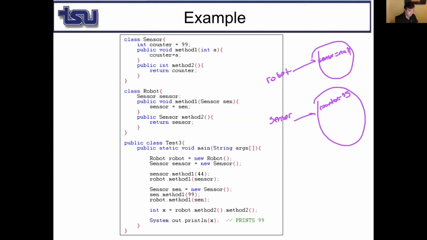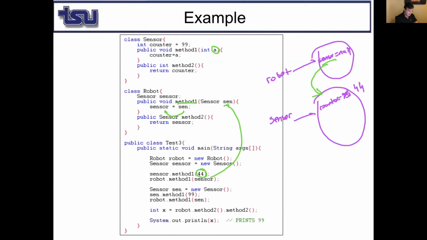When I make a call to method 1 with 44, counter changed to what? 44, okay? Very good. Then I say robot.method1(sensor), so I go to method 1, and sense and sensor are the same, and that means sen is assigned to sensor, and this sensor is not null anymore, but it points to this memory space right there.